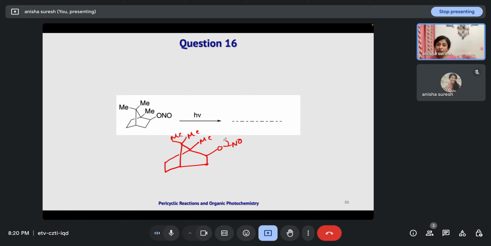ONO. Under photochemical condition, this will homolytically cleave, leading to formation of O radical and NO radical. Now, upon formation of carbonyl, this bond will be homolytically cleaving.